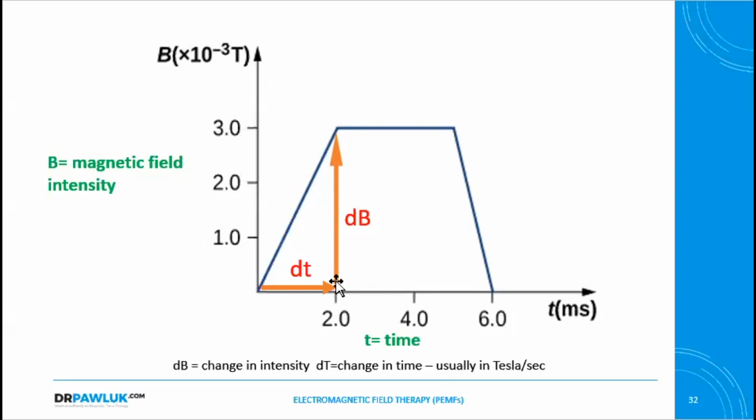So if you divide the intensity, the change from 0 to the peak, by the change in time, that will give you the dB/dt. The dB/dt is measured usually in Tesla per second, and the dB/dt determines the amount of charge production in the body. Extremely critical to determine how strong the magnetic field is and how much energy or charge it will produce in the body.